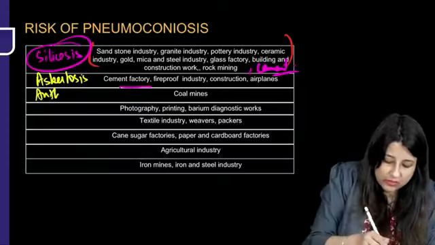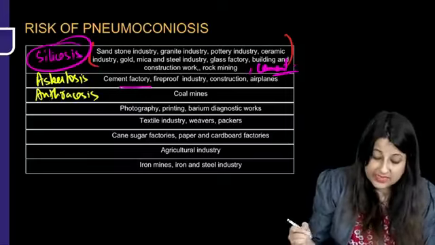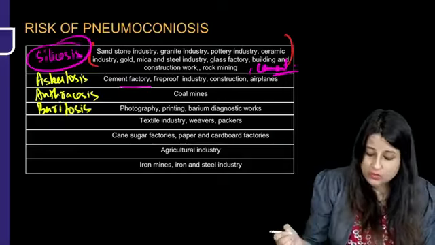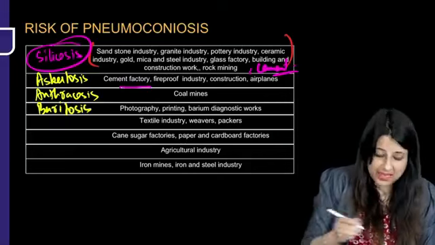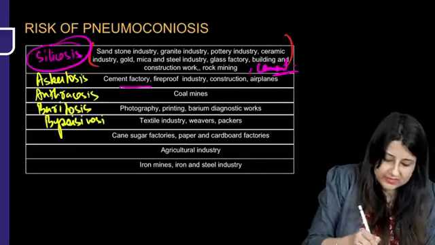Coal mining, we all know, is anthracosis. Photography and printing involve barium, so photography can definitely come up: it is barytosis. Textile industry, weavers and packers: this is again important and leads to byssinosis.